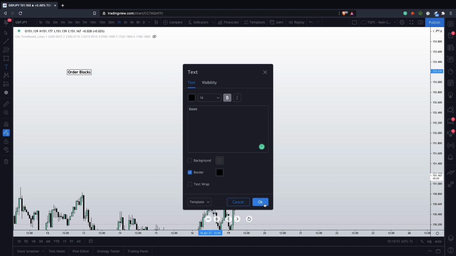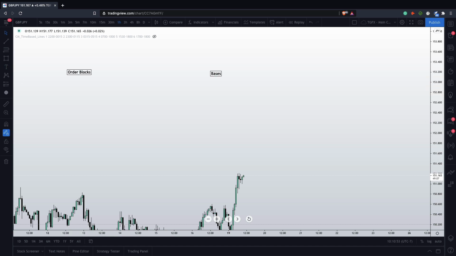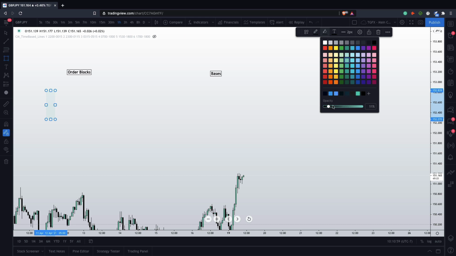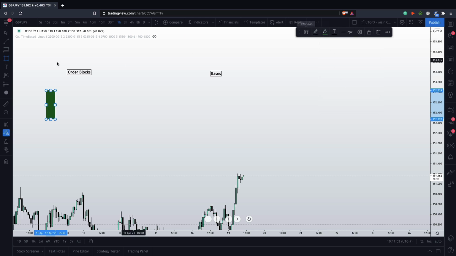And basically, these are two very similar patterns, but order blocks are bullish engulfing patterns. This is one form of them. Okay. There's bearish order blocks as well.